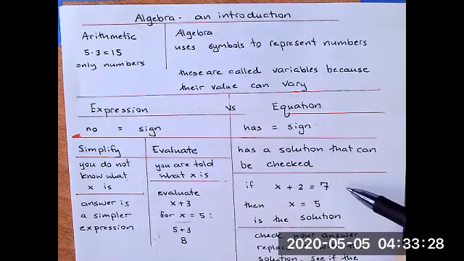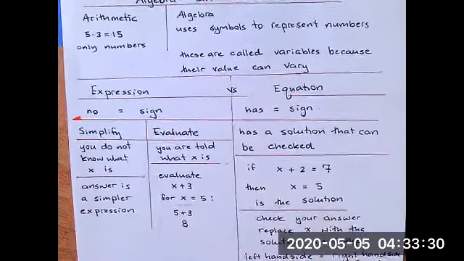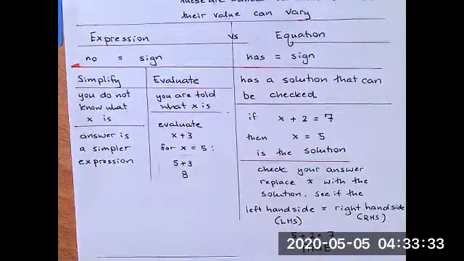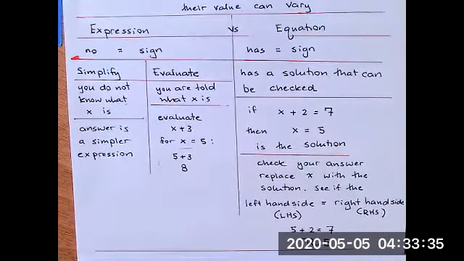So your equation is x plus 2. You're going to put the 5 where you see the x, so 5 plus 2. If the left-hand side is equal to the right-hand side, then that's true, and you did your problem correctly.